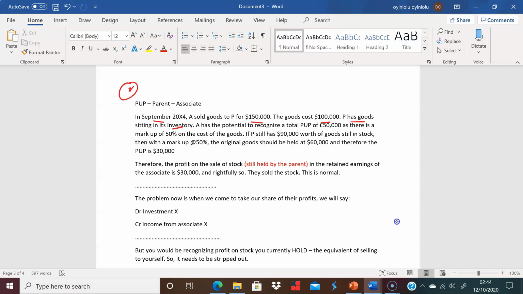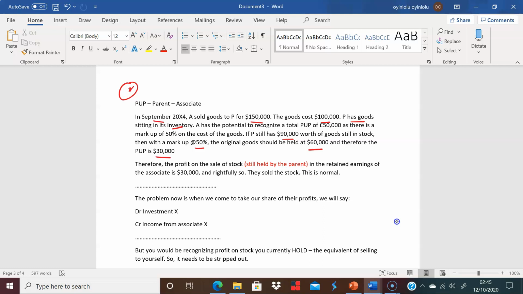Now, P still has $90,000 worth of goods in stock, and therefore, with a markup of 50%, the original goods, as if it had been a subsidiary, would be held at $60,000. So the unrealized profit is $30,000.